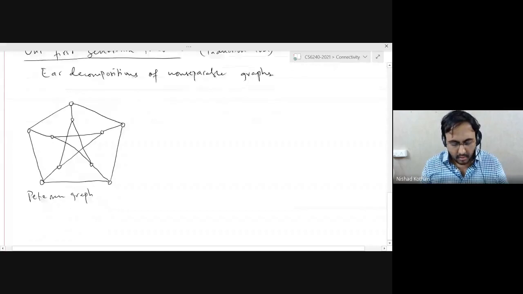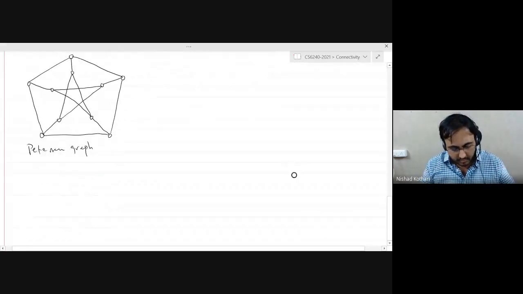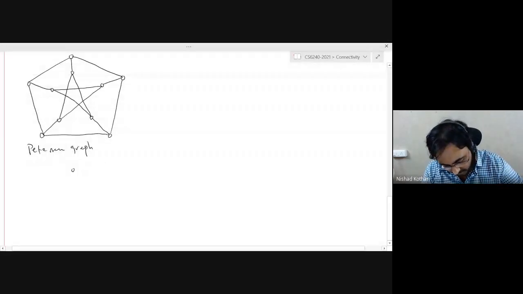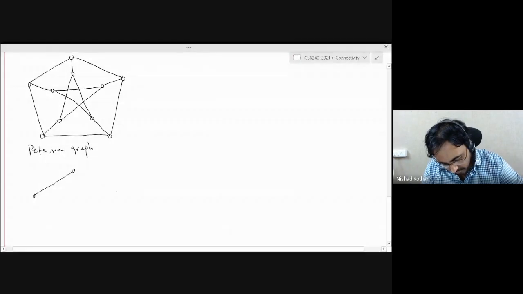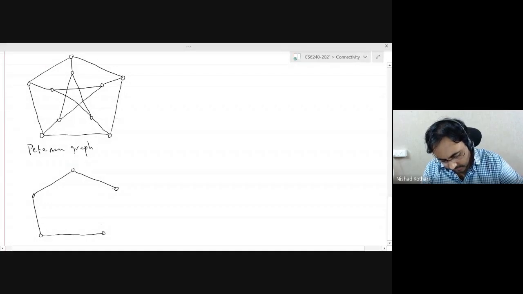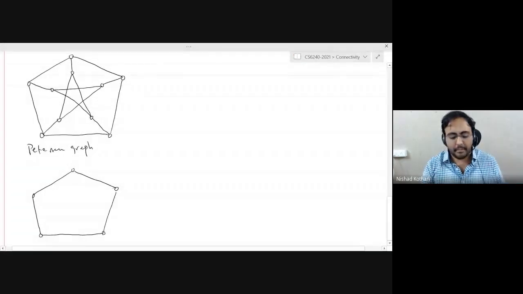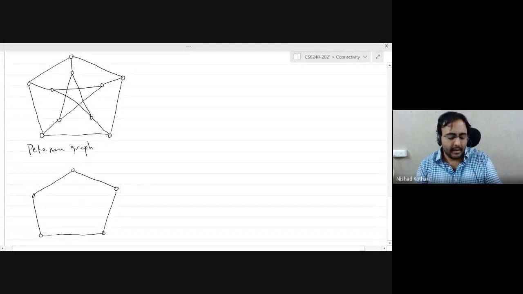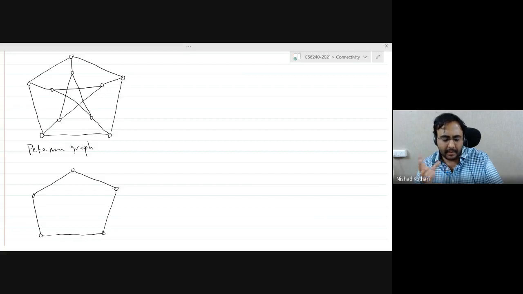What I want to do is I want to start with a cycle. Notice that the cycles are the simplest non-separable graphs, in the sense that you cannot remove anything from a cycle to get a smaller non-separable graph. Okay, there are other such graphs, but they are very small, like K1 with a loop, which is a cycle, K2.